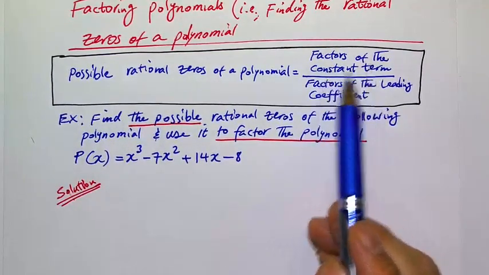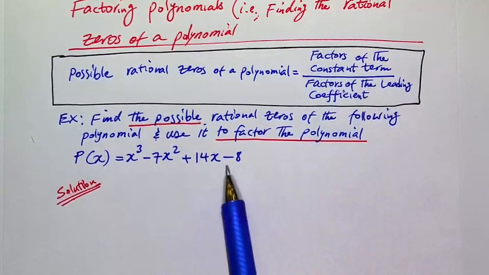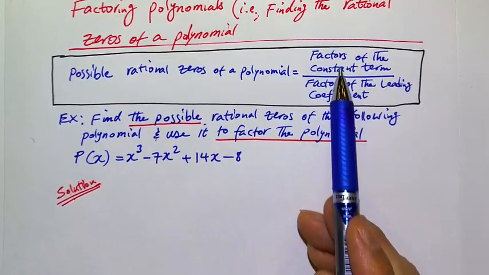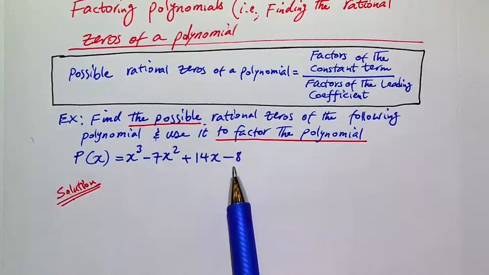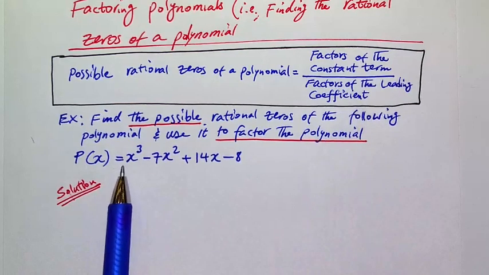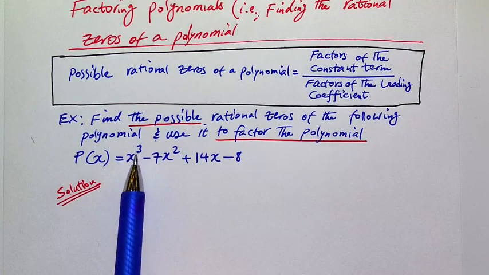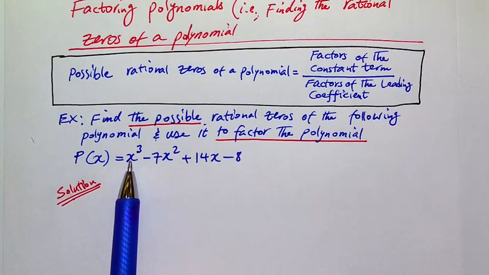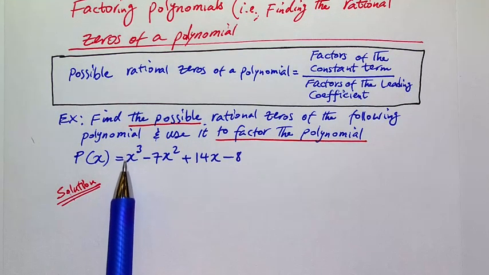So all the factors of the constant term, in this example that I've shown here, that would be all the factors of the constant term -8, divided by factors of the leading coefficient. Leading coefficient, as you know, is the coefficient of the x term with the highest power in the polynomial. So that's +1 here.